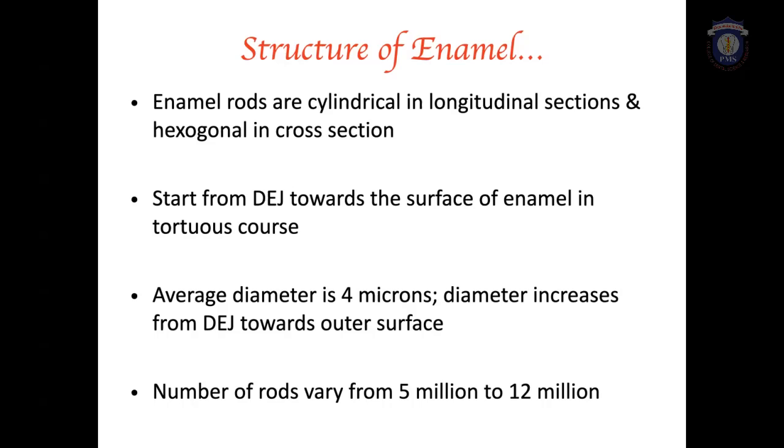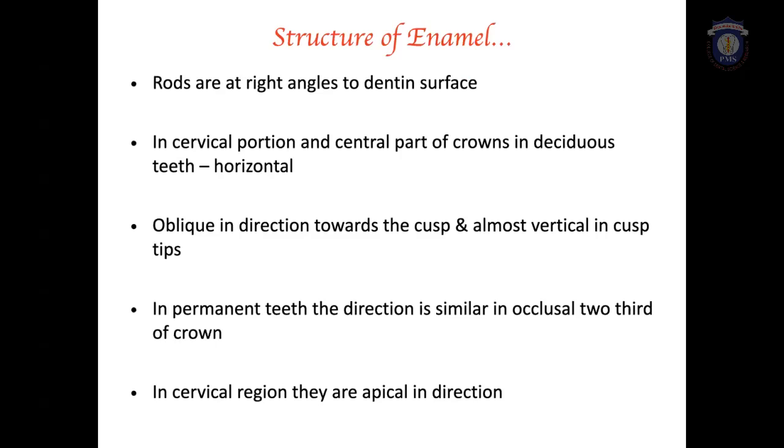So the number of rods is not a definite number. There is always a range. The minimum is 5 million, for lower incisors like centrals and laterals of the lower jaw, whereas the maxillary or big teeth are made up of approximately 12 million enamel rods.